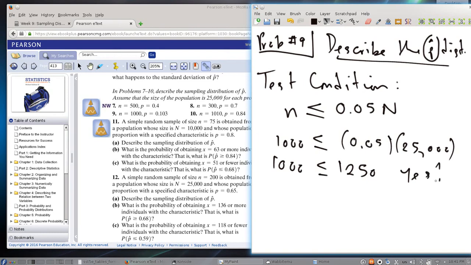So here the data that is given to us has a normal distribution. This is good already, but let's test this by using the next test condition, and that is the product of n, p, and q. Yes, it is possible, because you see here p is given to us, which is 0.103.